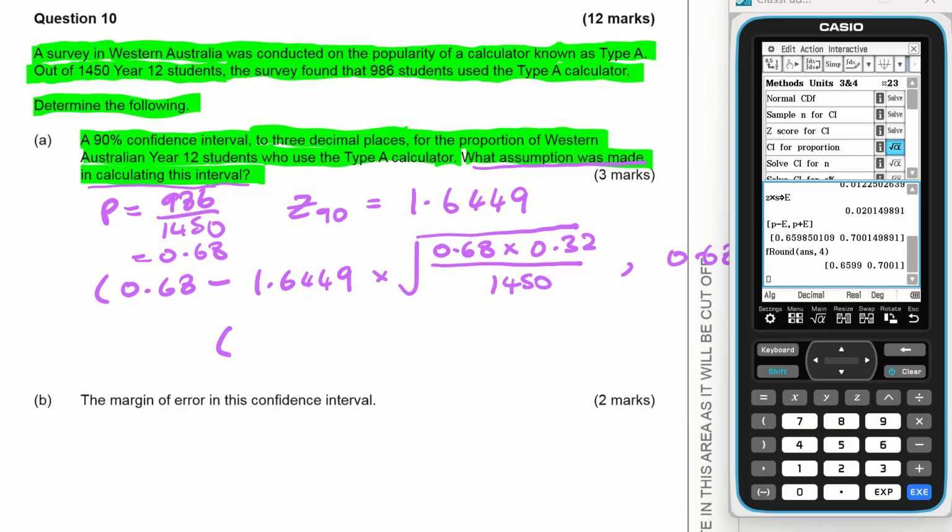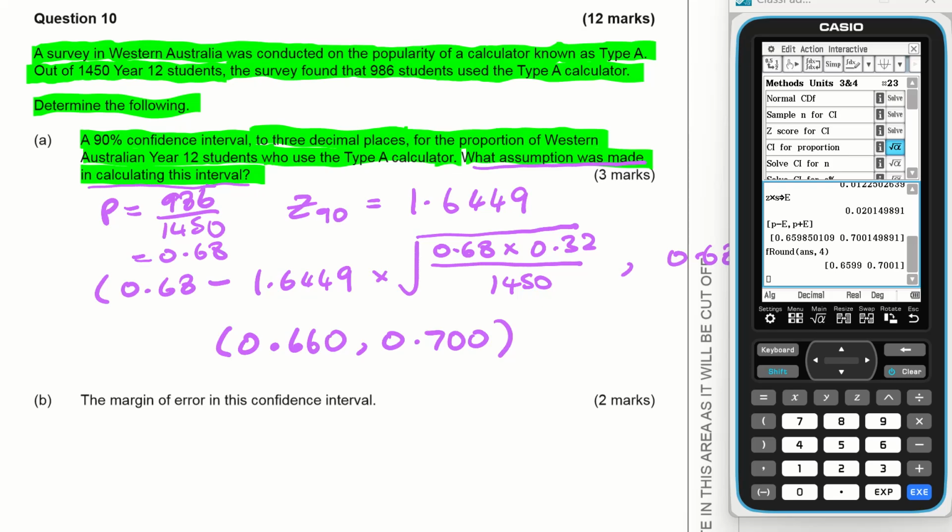So we wanted to give that to 3 decimal places, so we want to round that to 3 decimal places. That'd be 0.660 and 0.700.